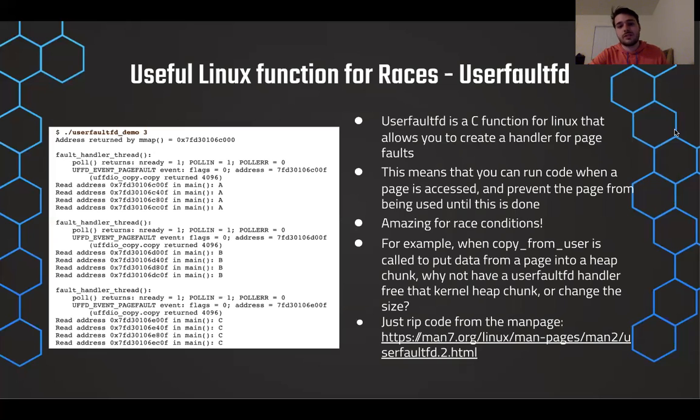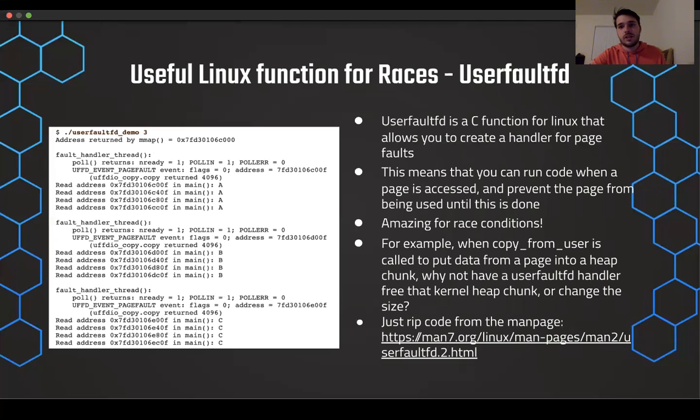So this is great because it basically makes a lot of race conditions 100% reliable. It means that when you hit this point, it'll just keep going and let you do whatever you want for whatever amount of time you need, and then forward it on.